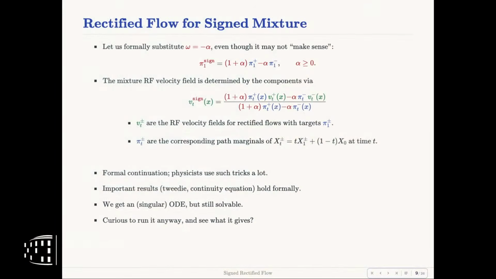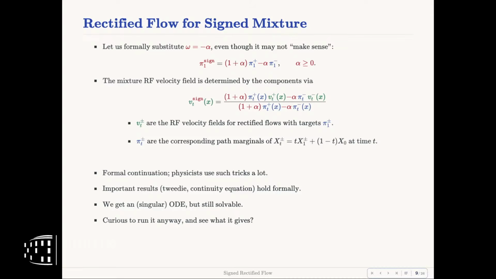In this case, as you said, you get a singular ODE. But curiously, you can still run this ODE anyway, because you can have a numerical solver. You can just solve this ODE anyway. And if you solve it, it does get something. It's actually pretty stable. You will get a stable trajectory.